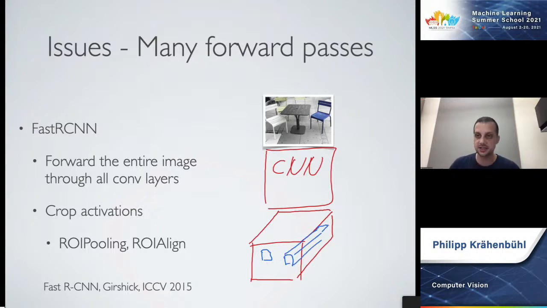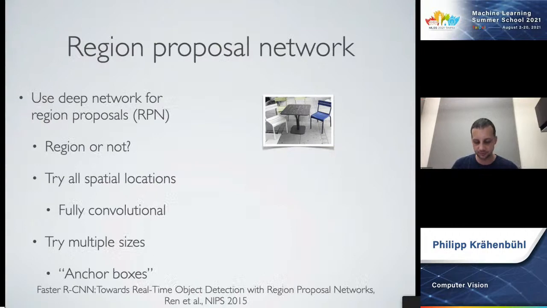Now, fast RCNN still used the region proposals. Faster RCNN, which was written 2 weeks after fast RCNN and presented, I think, a week before fast RCNN, also replaced the region proposal with a different classification network.